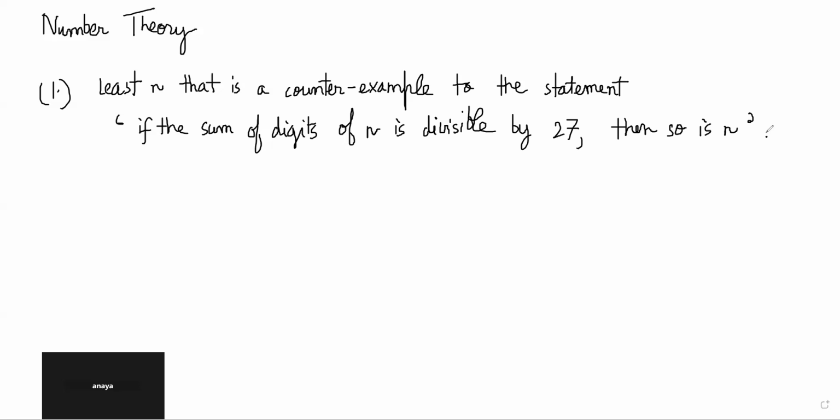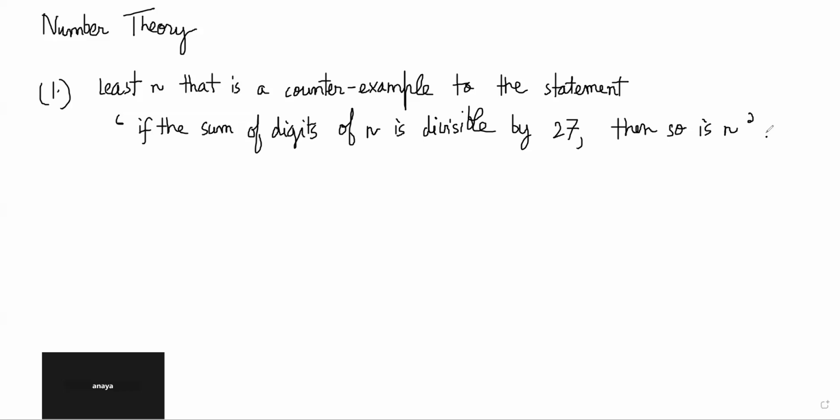But then, it's divisible by 27 because 27 times 37 is 999. So then I went to the next one, 1899, and that's not divisible by 27. So that's the counterexample.